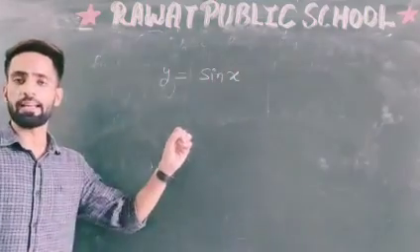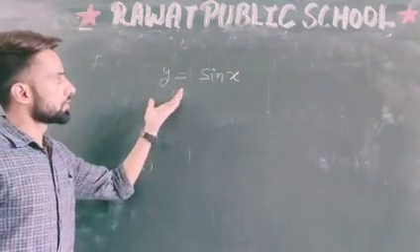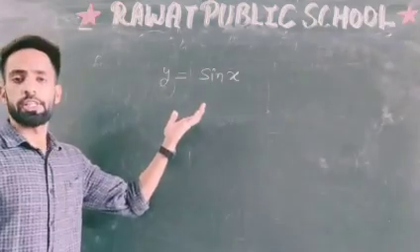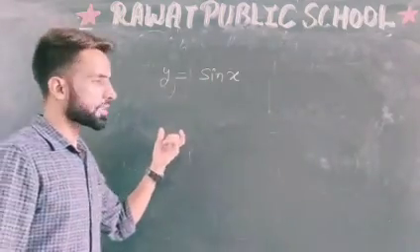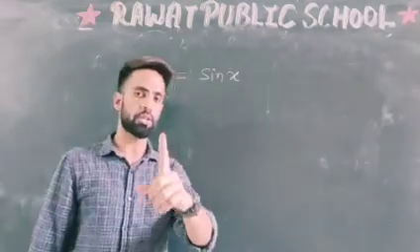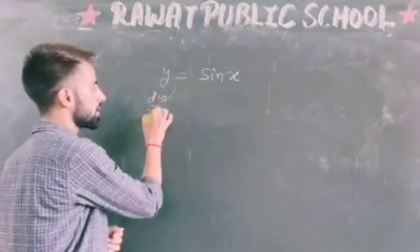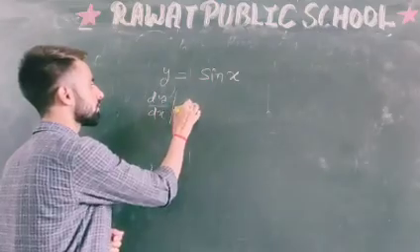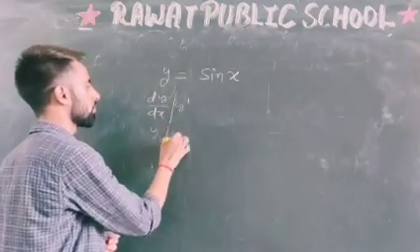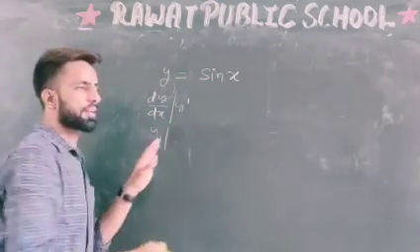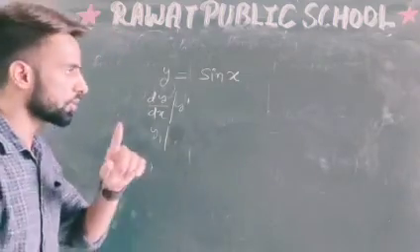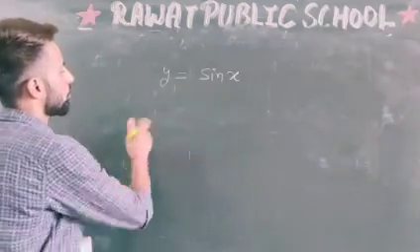That's the basic one. Now let's differentiate it. That would be my first order derivative. So I can write either dy by dx or y1 or y dash or f dash x. Anything I can write, it doesn't matter. So I am writing y dash.